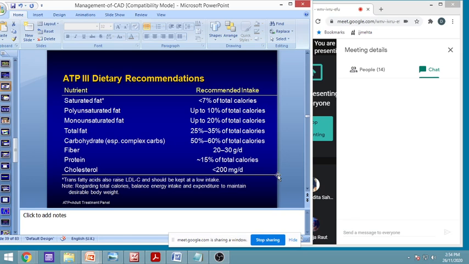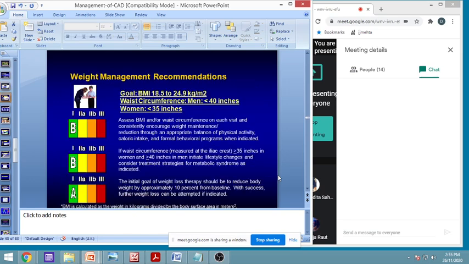Simultaneously dietary recommendations are important. If we have the best diet plans and lifestyle management plus drugs, then it can help. Then next is the weight management program. That is also important. The weight should be managed and kept under control. There should be a reduction in the baseline body mass index.